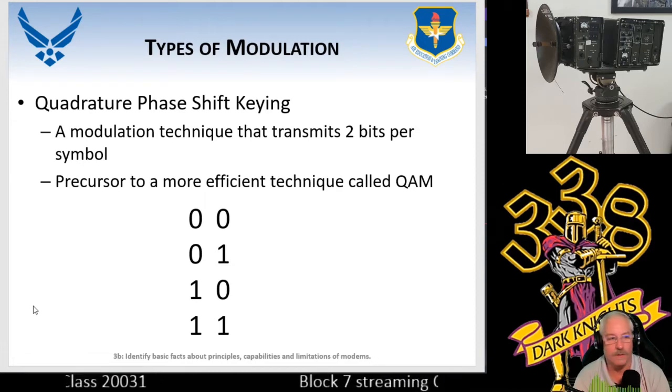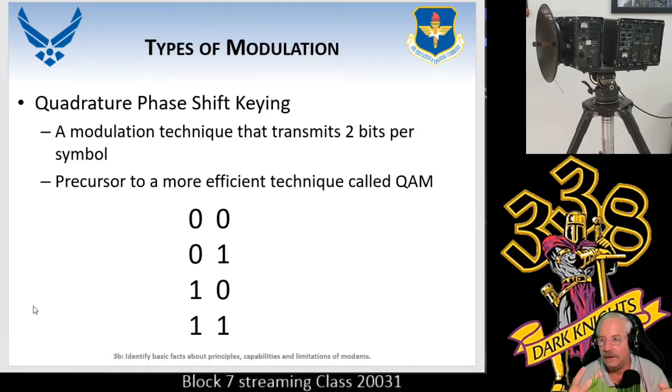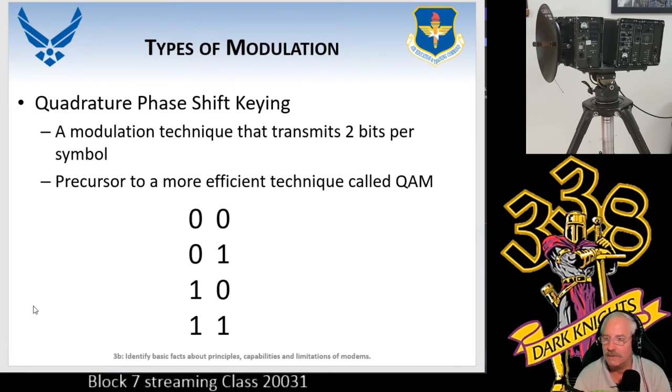You've got a 0 0, a 1 0, a 0 1, and a 1 1. In other words, when you're looking at 1 bit per symbol, you only have 2 different states it can be in. With quadrature, you've got 4 different states it could be in. So that's the advantage of 2 bits per symbol under quadrature.